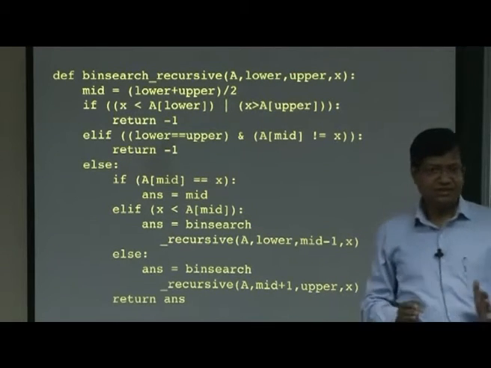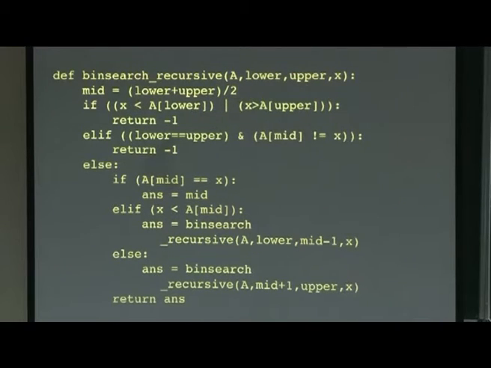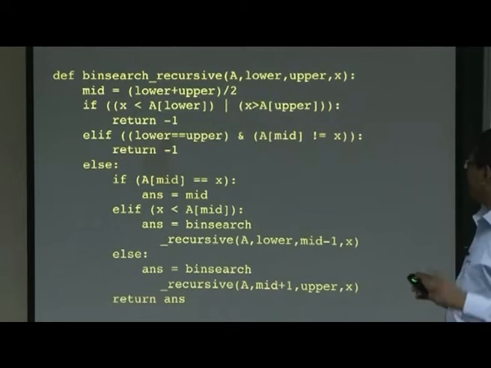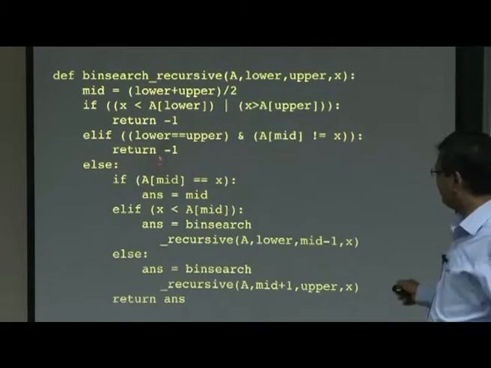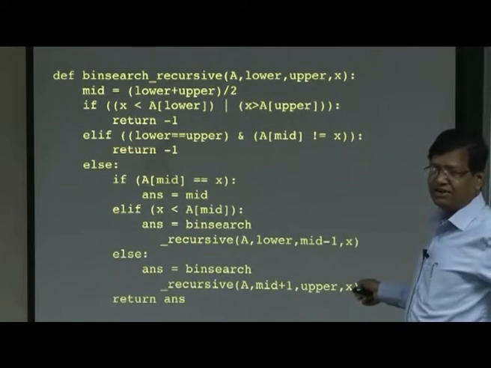Now, I check whether lower equals upper, that means there is only one element, and then if A[mid] is not equal to x, so I am putting AND. That means x does not belong to array A from lower to upper, so again I return -1.